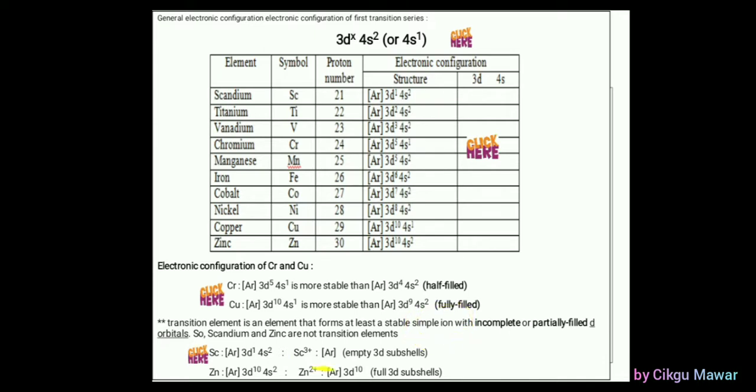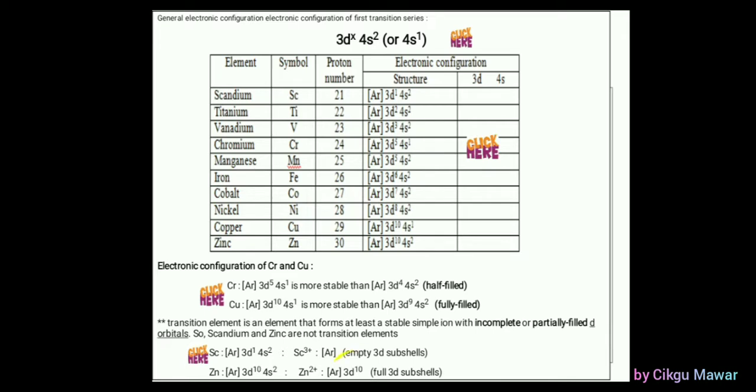So scandium is not a transition element because scandium 3+ has an empty 3d orbital. For zinc, zinc has 3d10 and 4s2. In order to form zinc 2+, it will remove the first 2 electrons from 4s2.